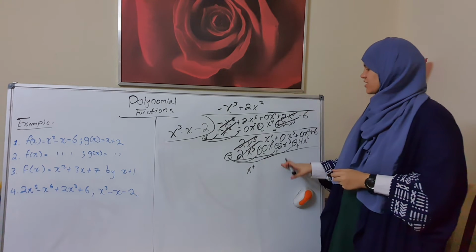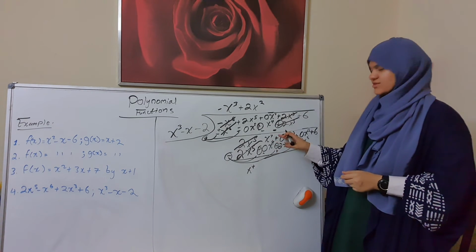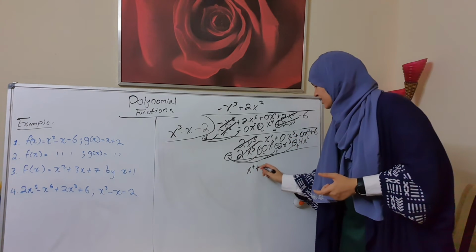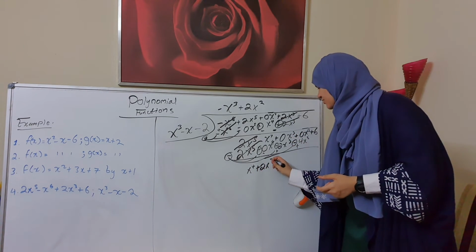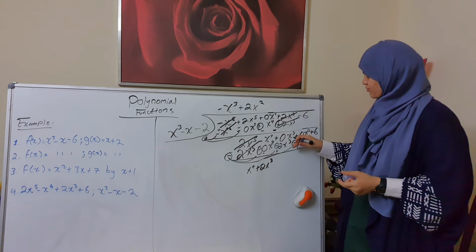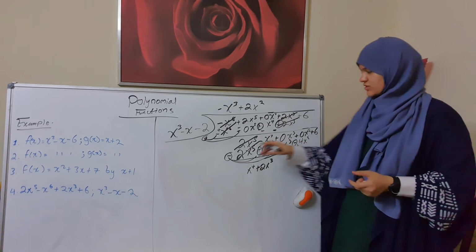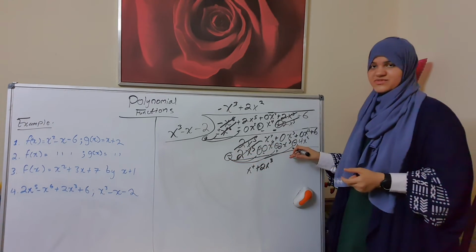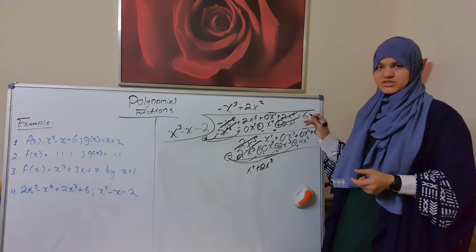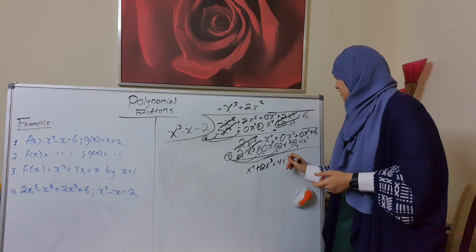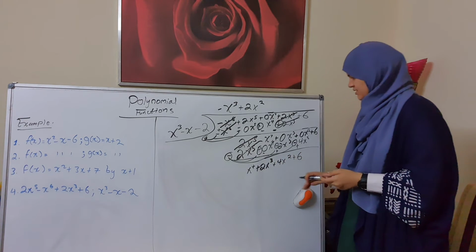Then we have plus 0x to the power of 3 and 2x to the power of 3, so it will be as it is, plus 2x to the power of 3. Then positive and negative, right? For negative, it will be positive, because negative times negative is positive. So positive 4x squared, it will be as it is, positive 4x squared plus 6.